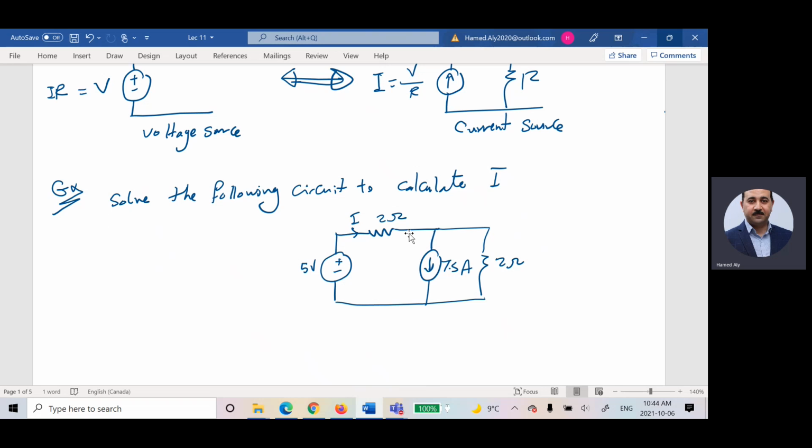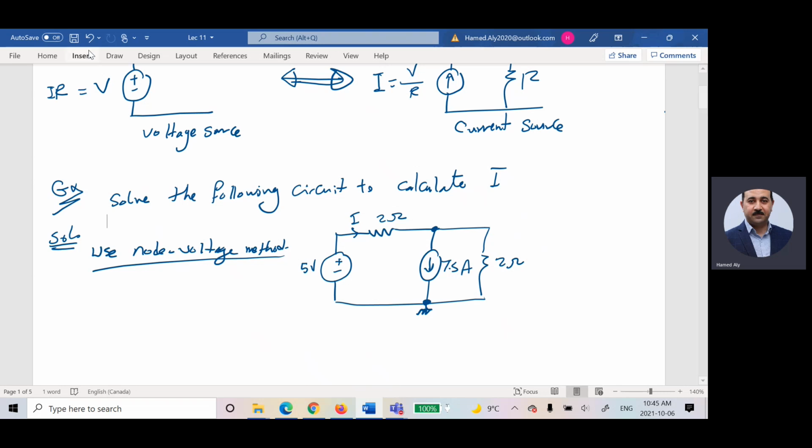So if I use the node voltage method, what I have to do is, this guy will represent my reference node. And this guy is representing V1, right?